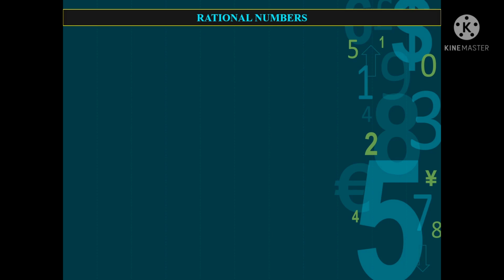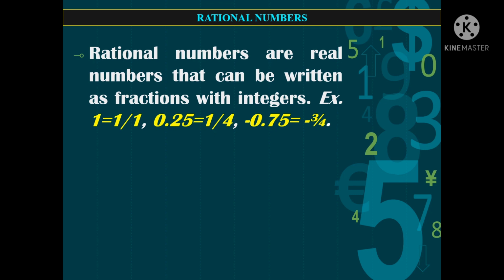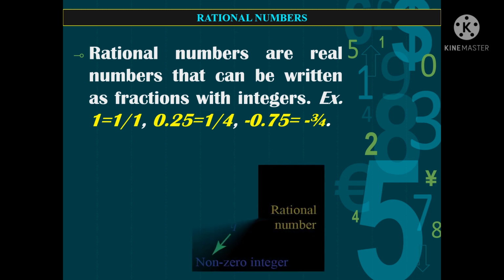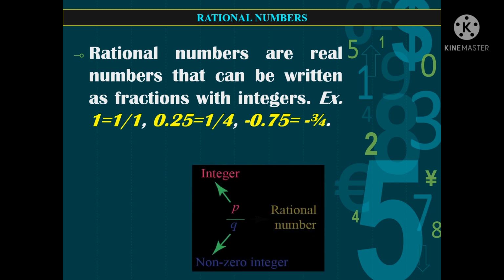Now let us define what rational numbers are. Rational numbers are real numbers that can be written as fractions with integers. As we can see in this illustration, any number that we can write as a simple fraction is considered a rational number.